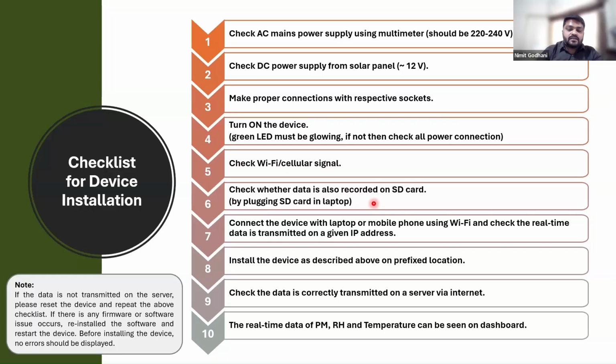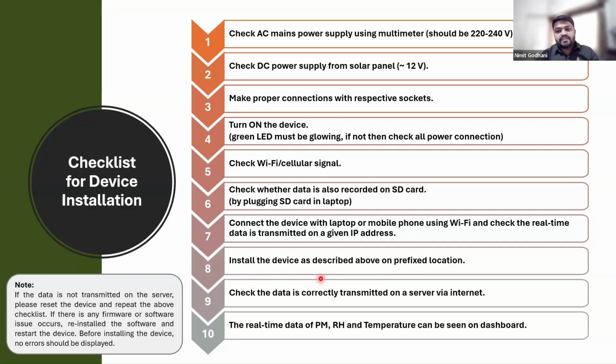Then we plug out the SIM card or Wi-Fi from the motherboard and turn off the Wi-Fi. Then the data will be recorded parallelly into the SD card. After a few minutes, we remove the SD card, plug it into the laptop and check that the data has been recorded on the SD card. Then we resume as earlier.